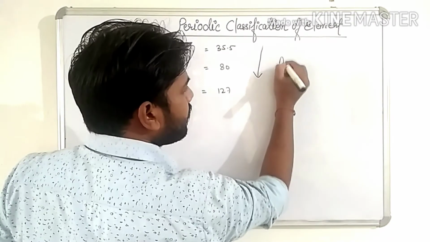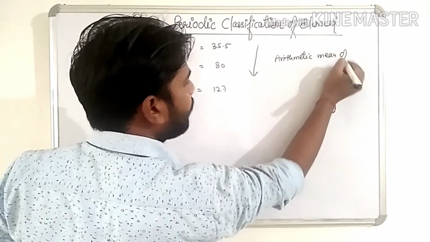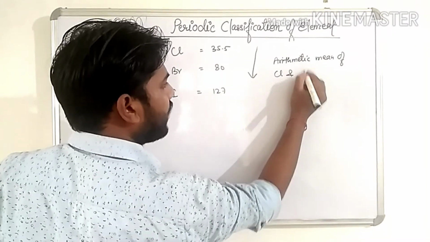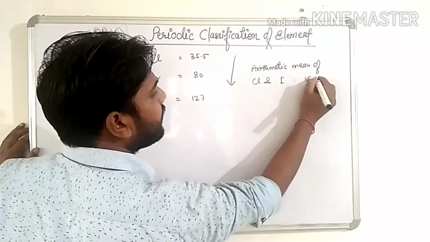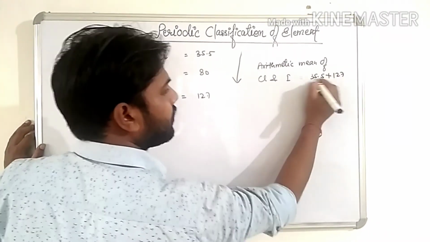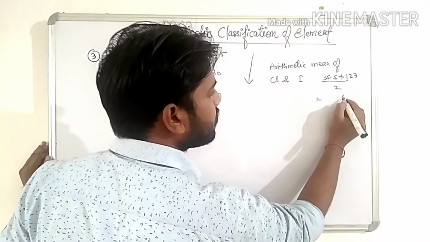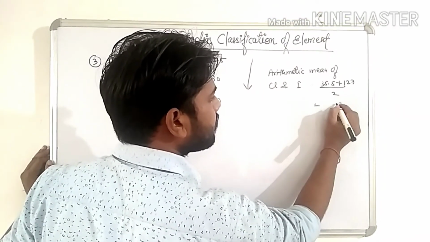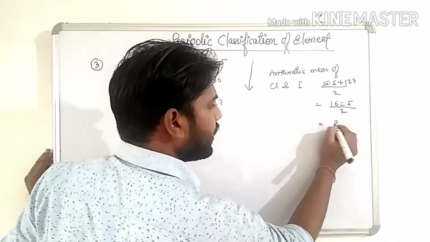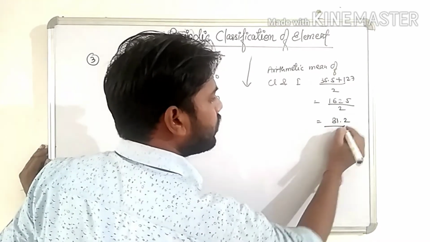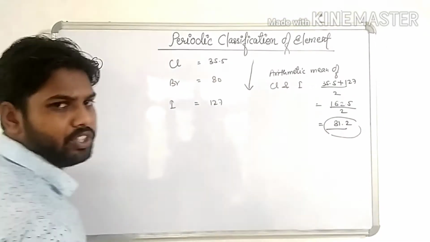So, arithmetic mean of chlorine and iodine: 35.5 plus 127, we add and divide by 2, children, so 81.2, and this atomic mass is nearly equal to bromine, children.